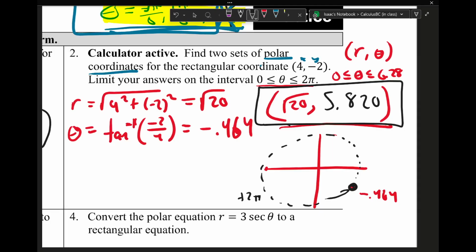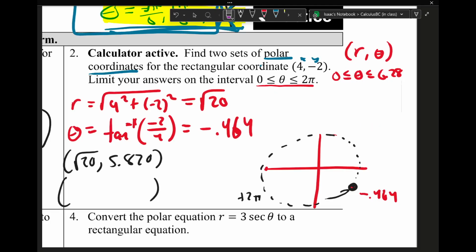But there's another place. So, put this over here. Okay, where's another place that has this same tangent value?